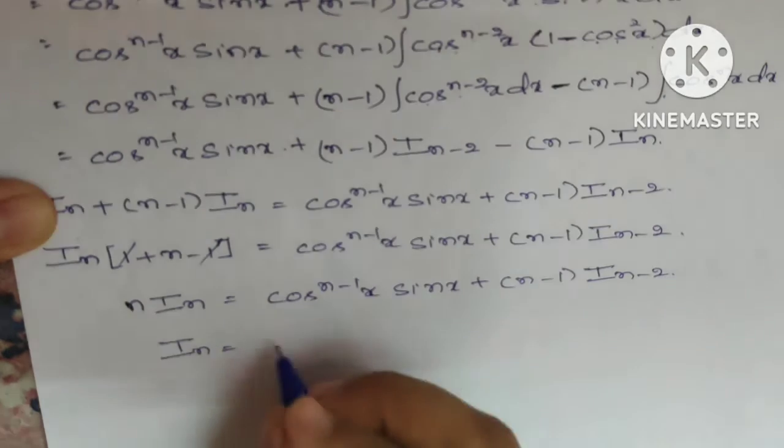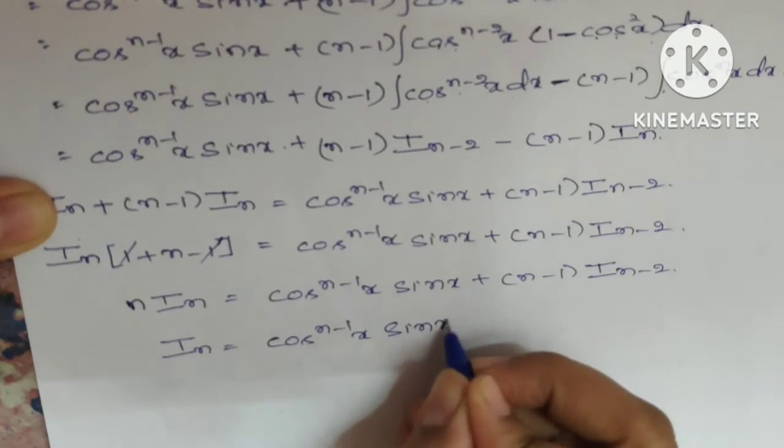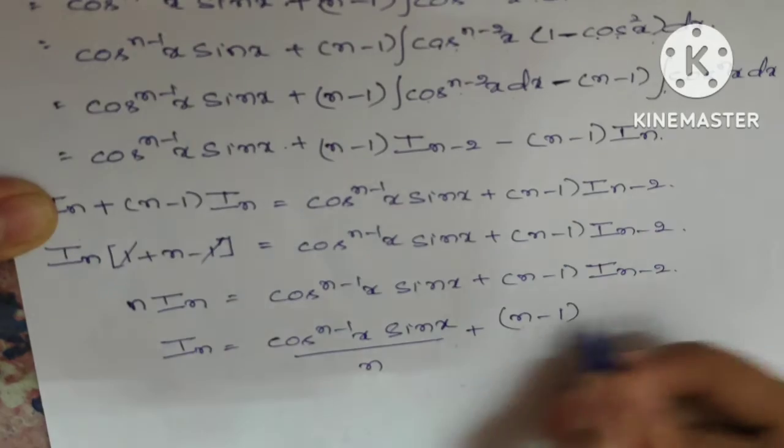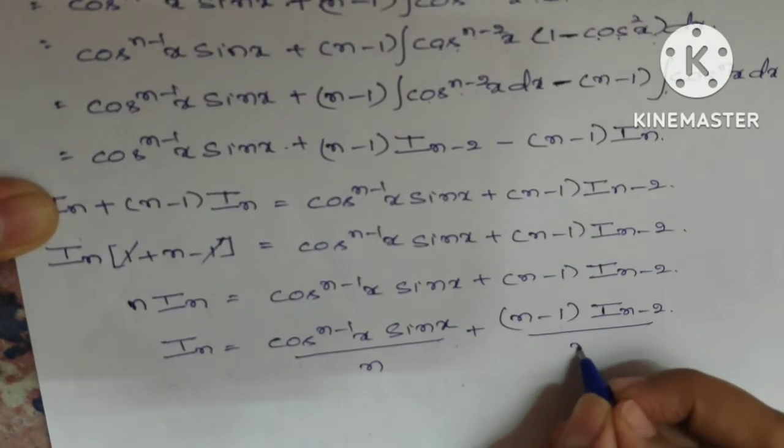So In equals cos power n minus 1x into sin x divided by n plus n minus 1 into In minus 2 by n.